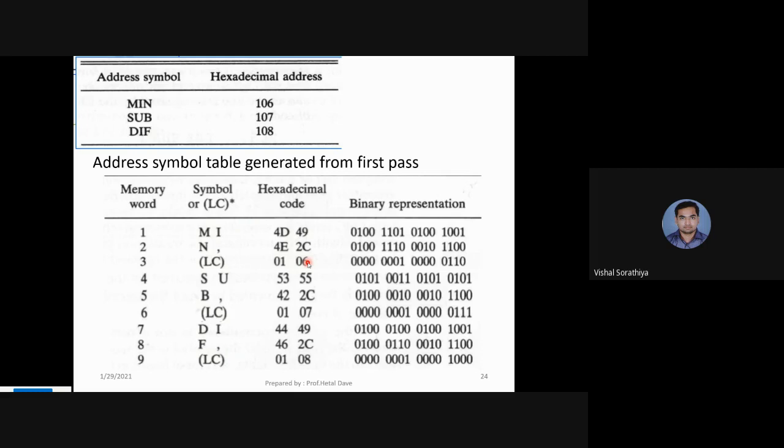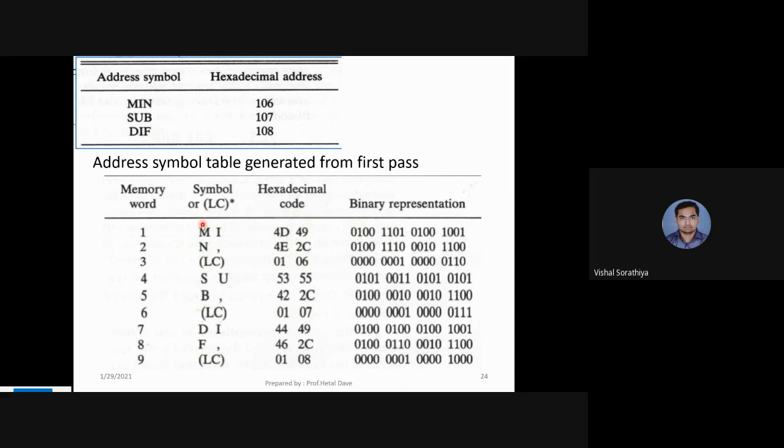In the next instruction it will be 0107, and in the next instruction 0108, as you can see over here. So the location counter also gets increased by 1 as the symbolic conversion into binary has finished. So your address symbol table generated from the first pass is created as this kind of binary, or we can say hexadecimal code.